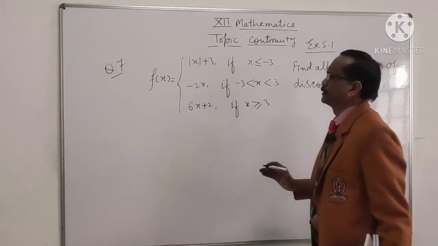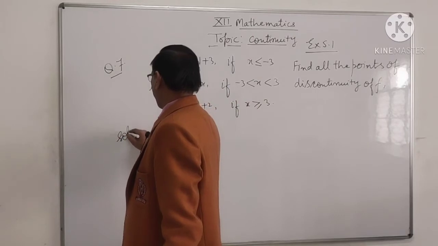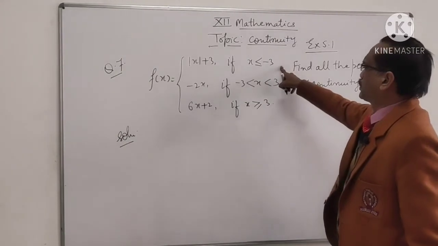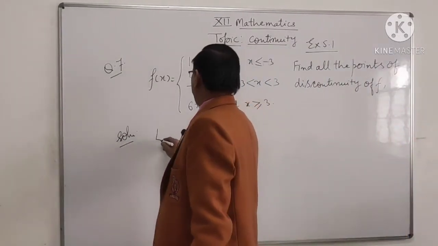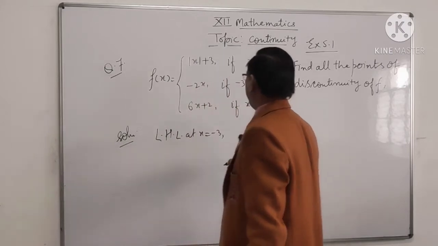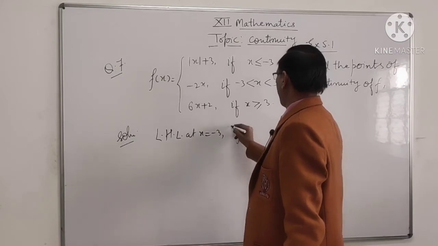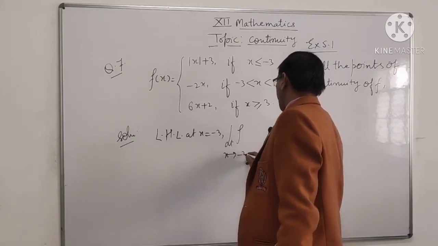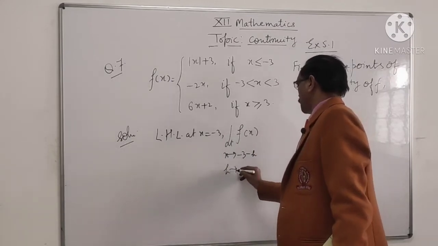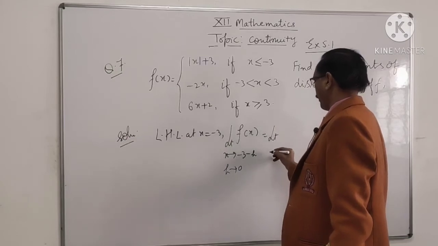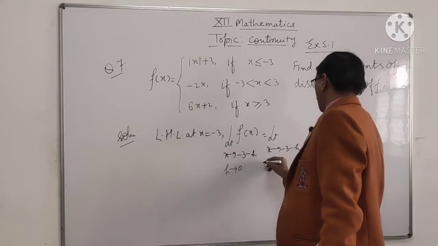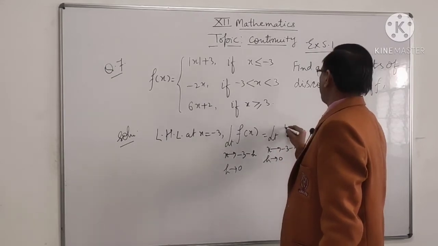So here, first of all, we will find the left hand limit at x equal to minus 3. It is limit x tends to minus 3 minus h of f(x), where h tends to 0. f(x) is mod x plus 3.